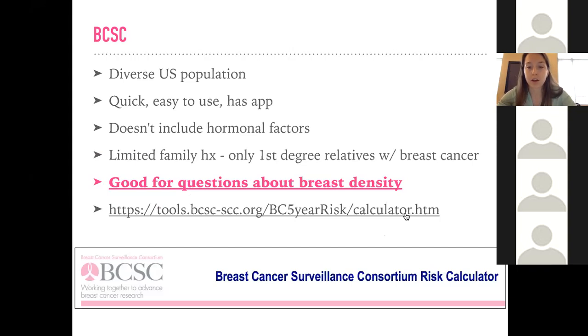I'm just going to click on the link. I hope this doesn't mess up anything. Okay, so if you can actually just type in BCSC, you can Google it and try and find this, but BCSC has a number of different tools for breast cancer screening, but this is all it is. It's just one page, 6 questions. It's pretty quick. We can just walk through.